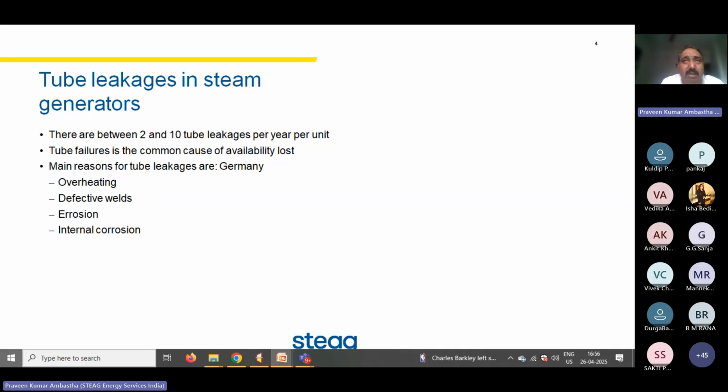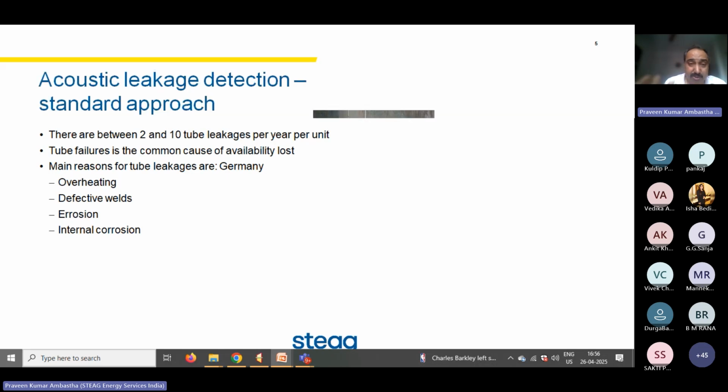When you have a major failure, you have a very high availability loss. The main reasons for tube leakages are overheating, defective welds, erosion, and internal corrosion. Not only in Germany, in India also, everywhere there is the same problem.